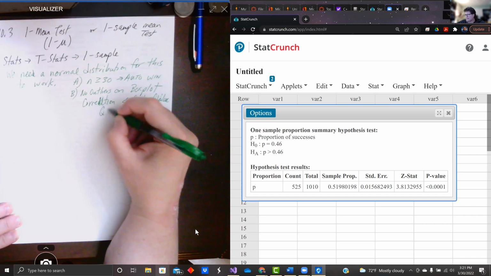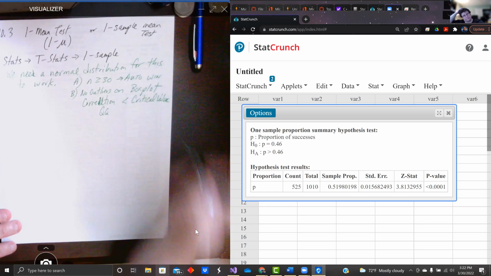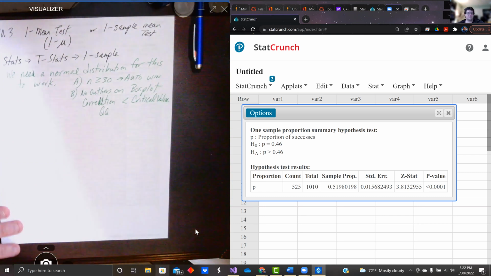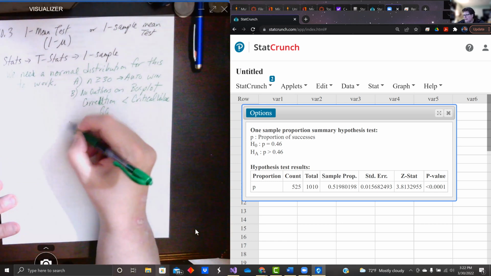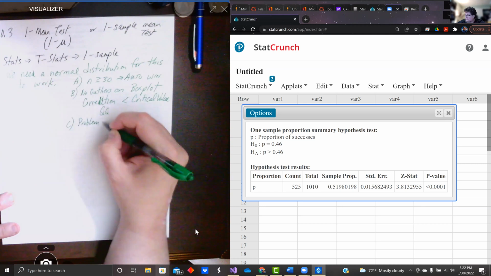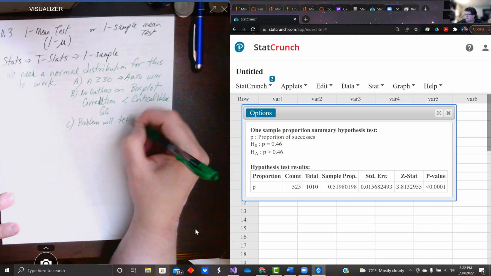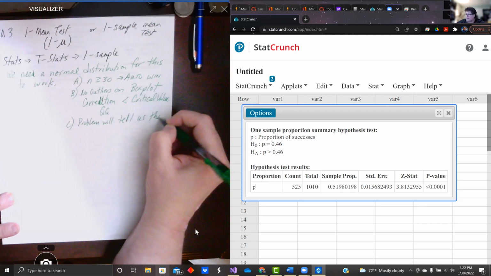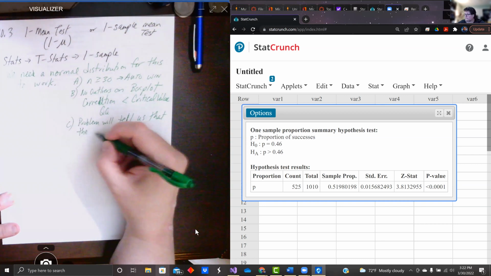And we can get that information from a QQ plot. The other category that's kind of considered an auto win is the problem will tell us that the population is normally distributed.